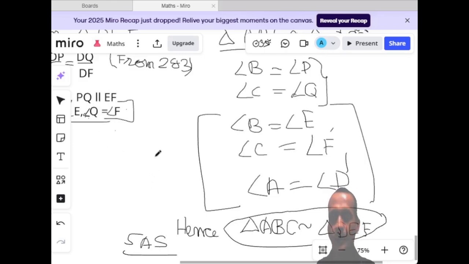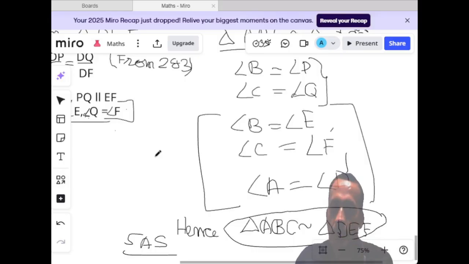So through these three theorems, SSS, AAA, and SAS, what did we find? That it is not necessary that for similarity we should be given that all three corresponding angles are equal and all three corresponding sides are proportional. Even if we are given that their corresponding sides are proportional, that is sufficient to tell that the triangles are similar.